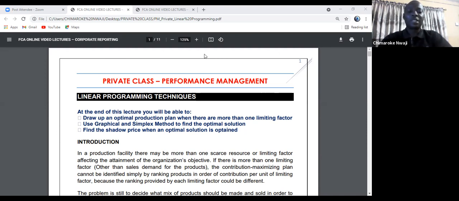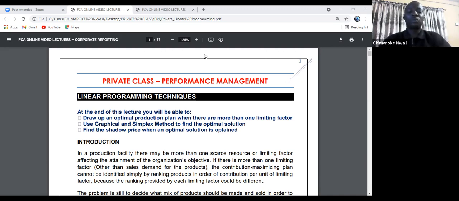Okay, but now if there is more than one limiting factor that is not sales demand, could be anything but sales demand, as long as there is more than one, then the contribution maximizing production plan cannot be found by just ranking the products like we did last class.